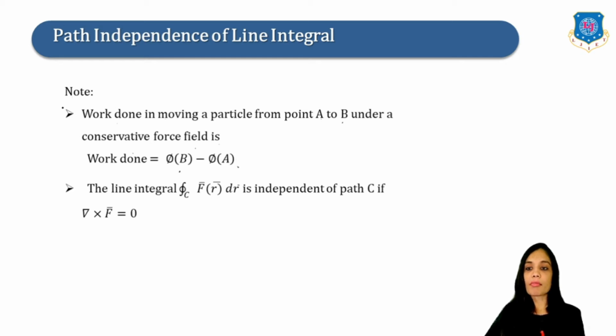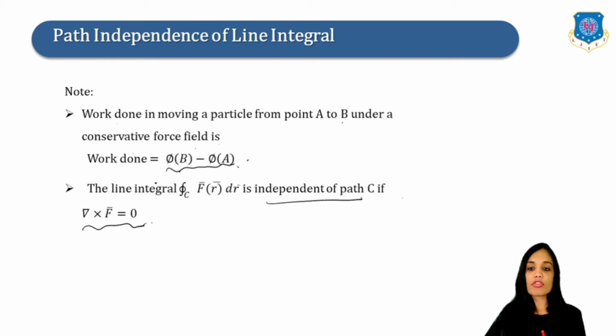In short, we are summarizing the things which we have studied, right? So whenever the field is conservative, work done will be equal to what? Phi b minus phi a. And next, what we have studied: the line integral is independent of path if our curl is 0.